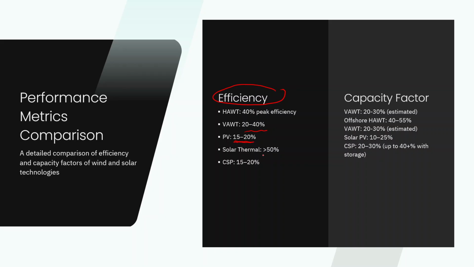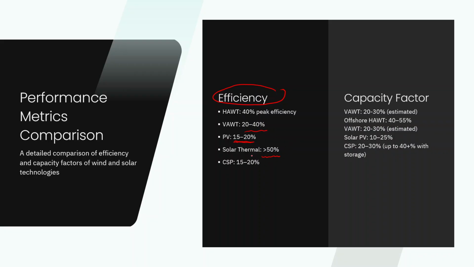And solar thermal, on the other hand, has a very high efficiency, like 50%. But this is mainly because solar thermal is used not for electricity but for other applications, heating and so on. So the losses from converting thermal power to electricity are not included here.